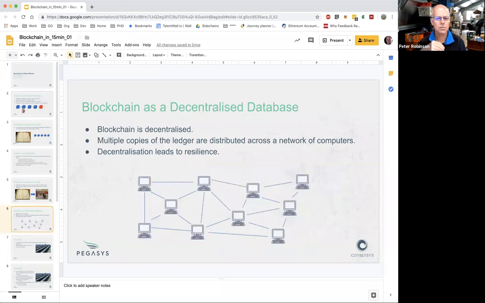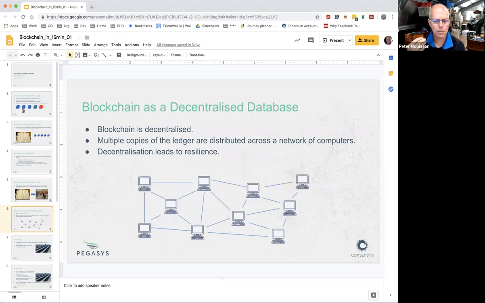And so with blockchain, you've got a decentralized database. You don't have all your data in one spot. You've got multiple computers which are operated by multiple entities. So they could be completely different organizations in different countries.